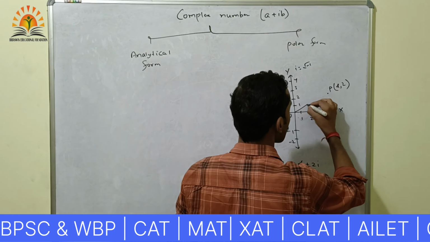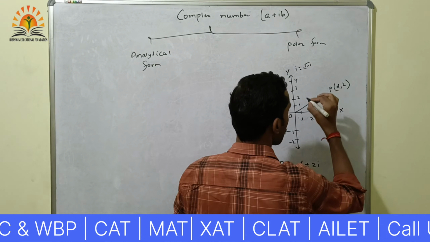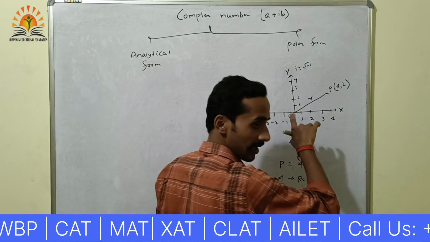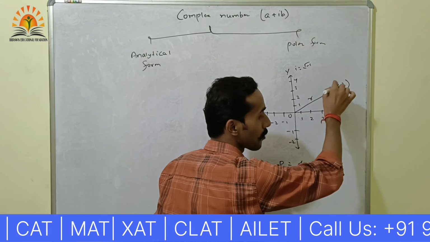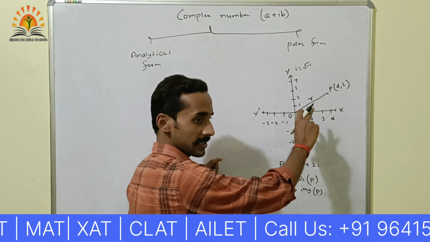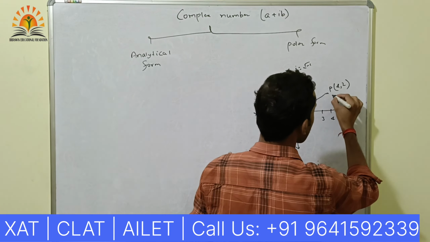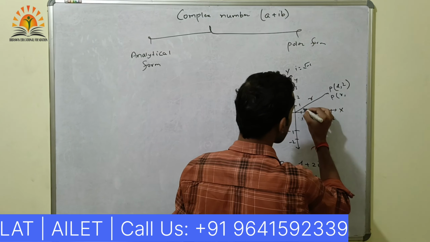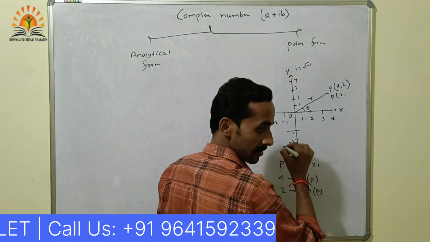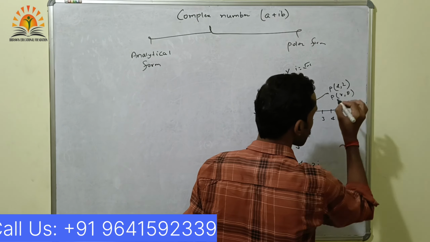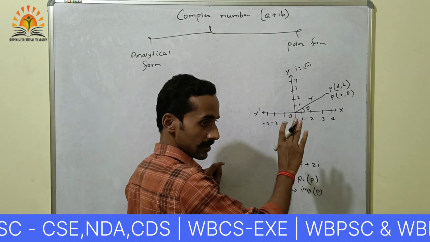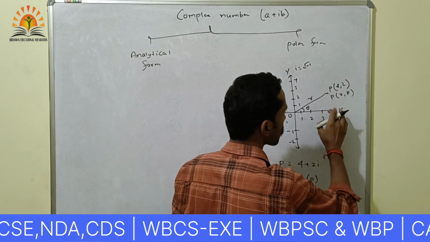Another method to denote this number. Let us suppose this is r. r means the distance from the origin. We can write it as r, and this makes angle theta. Then (r, theta). This is the denotation.